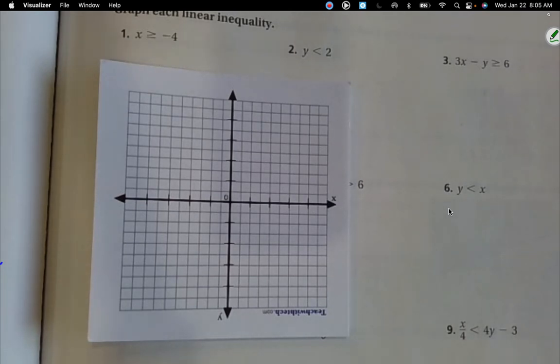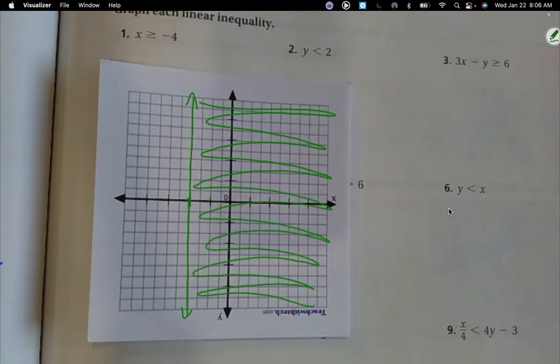If I go over 1, 2, 3, -4, that tells me I'm going to draw a vertical line. Dotted or solid on this one? Solid. Now we have to decide, normally it's up or down, but on this one, we have to go right or left. Where are we bigger than -4? To the left? Those are actually smaller. These are all bigger than -4.